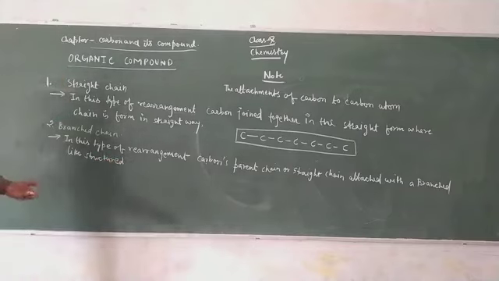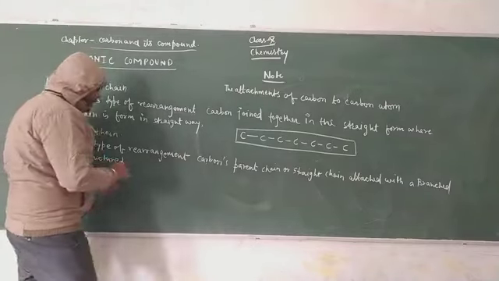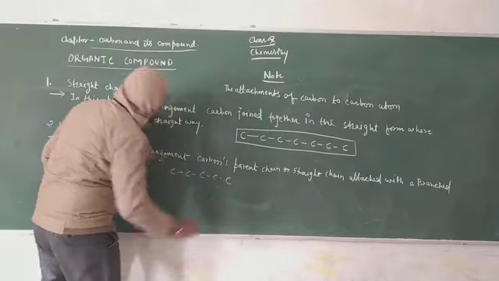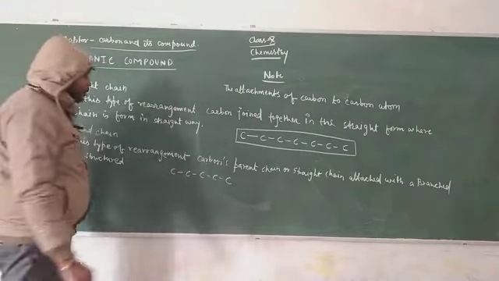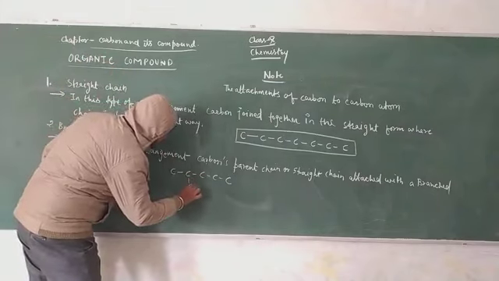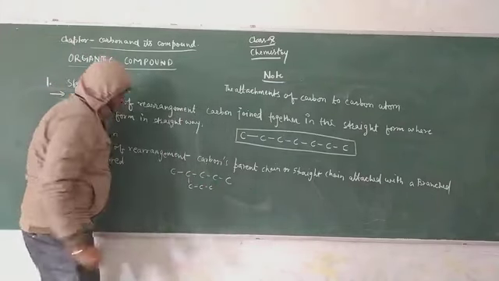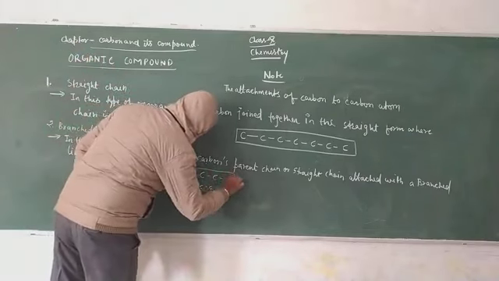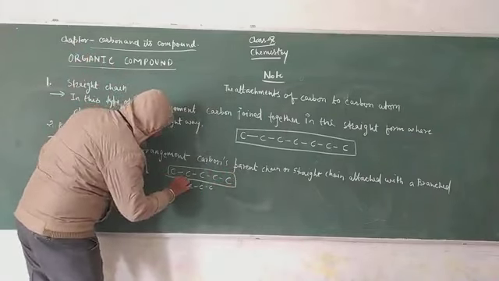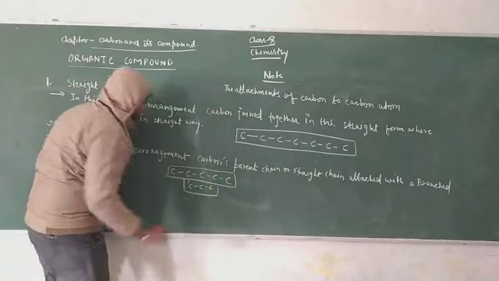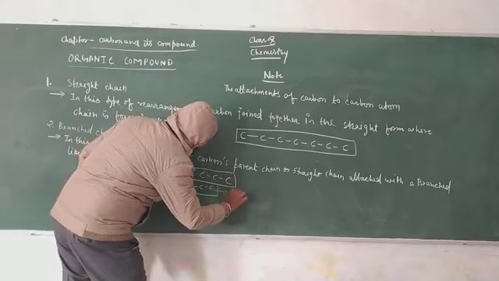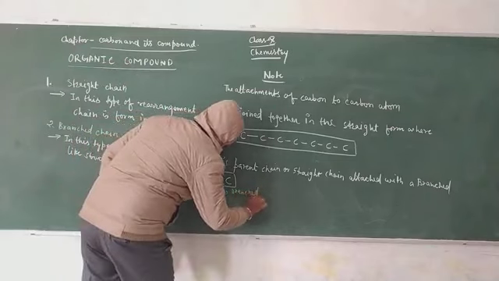Just take an example of this. Five carbon atoms are joined in a parent chain. When another carbon atom is joined like a branch, this is the arrangement of a branched chain.